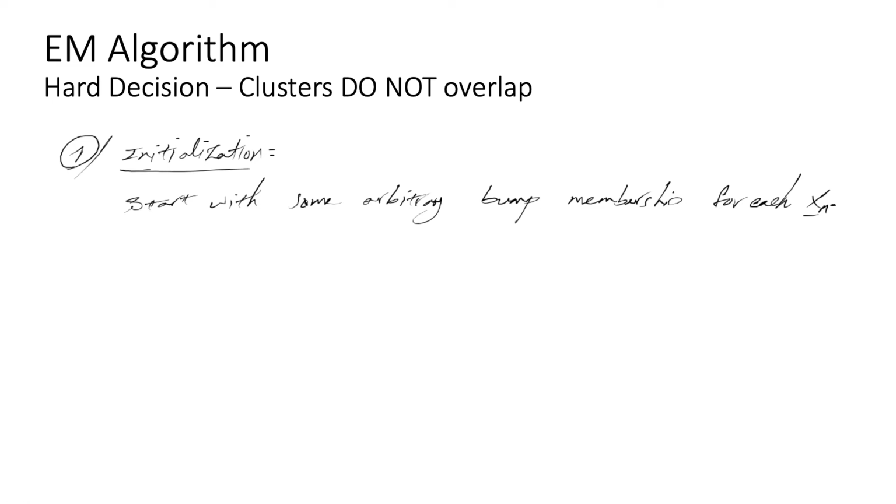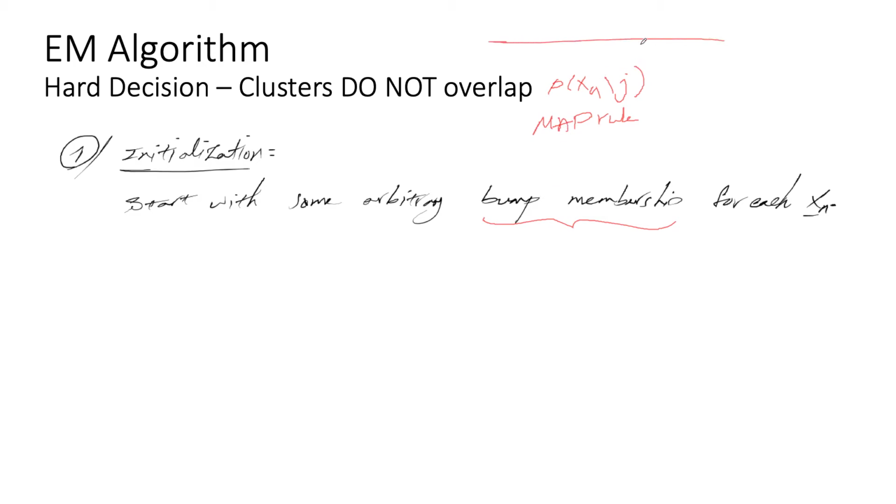So we would initialize with arbitrary bump membership. By bump membership, we mean fitting using that joint distribution, if you recall, using the MAP rule and Bayes theorem, the joint probability distribution given the j's.